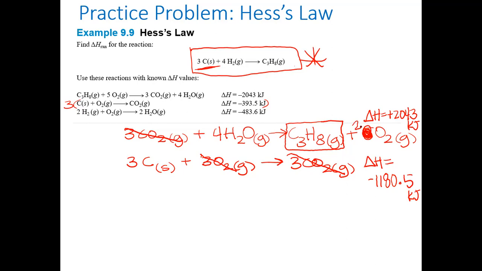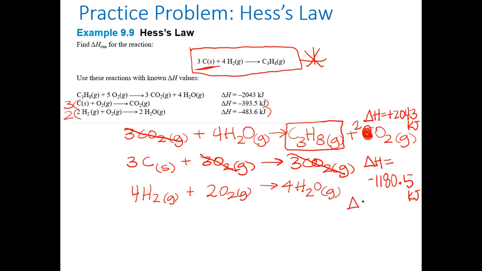Let's look at the third equation. I need that H2 and I need it as a reactant, but I need 4 of them. So for this equation, I need to multiply it by 2, so I'm also going to multiply its delta H. So 4 H2s, 2 O2s, yields 4 H2Os.